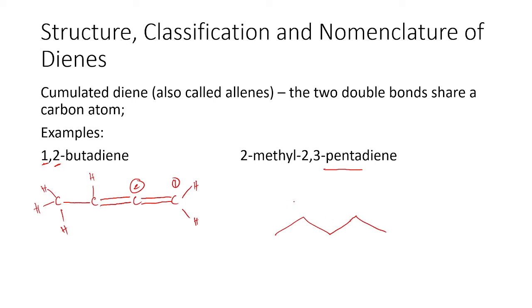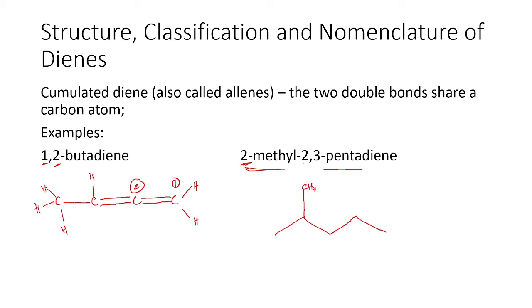And this time, let's first locate the methyl. So as the name states, it is located at carbon 2. So if we consider this as our carbon 2, we can attach the methyl there. We just write the CH3 there.